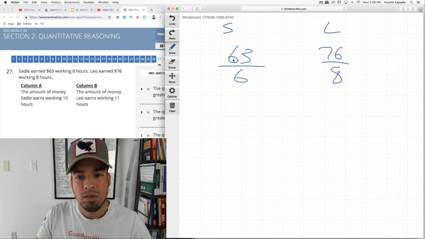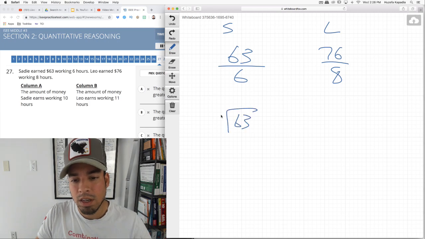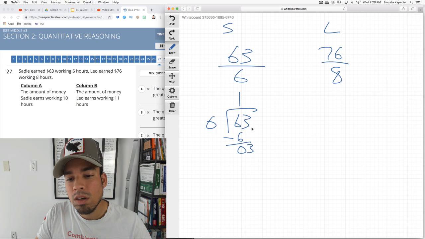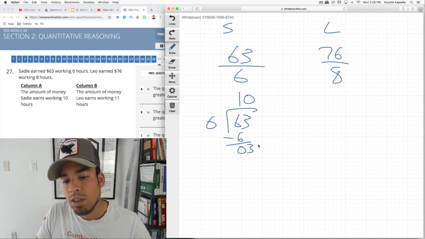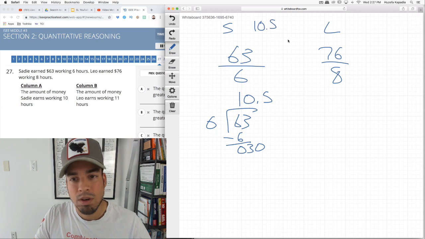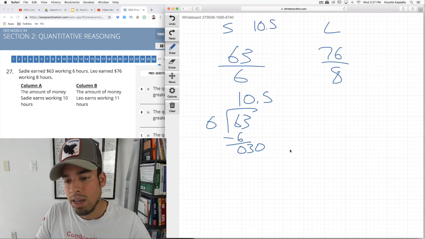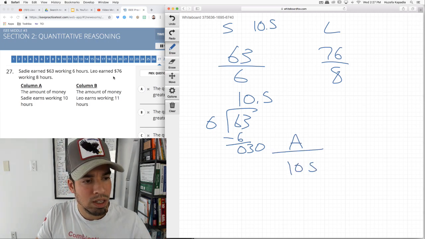So I do 63 divided by 6. It goes in once, bring down another 0.5. So she makes $10.50 per hour times 10, move the decimal over. So A is 105. Okay, here the amount of money Leo earns working 11 hours.